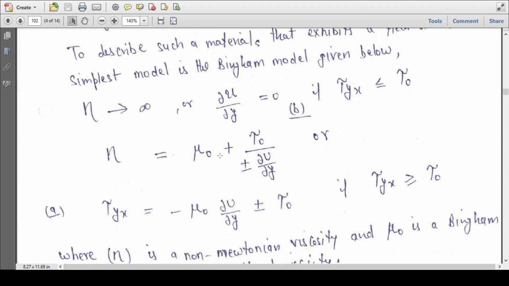So here we say that up to a particular value of the shear stress, if tau yx is less than or equal to tau naught, there won't be any flow, and this fluid will behave just like a solid material, because the apparent viscosity would become infinity, and the del u upon del y term would be equal to 0.